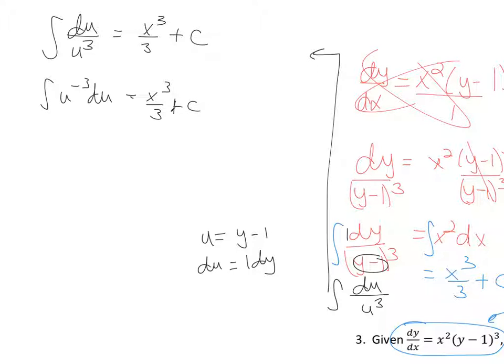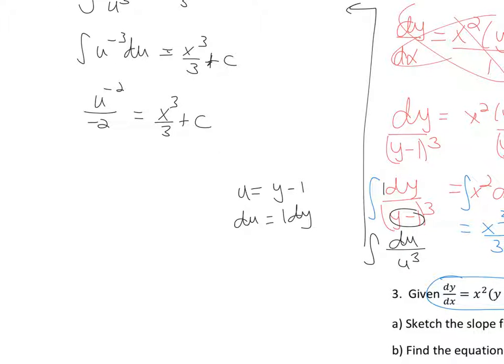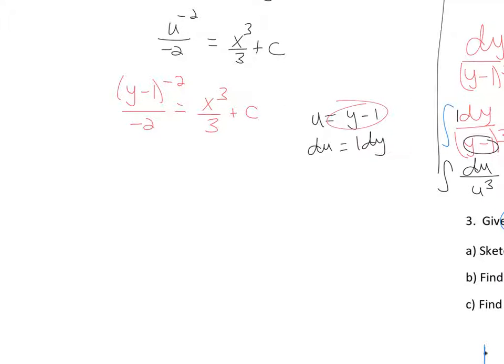And remember, when you integrate, you add 1 to the exponent, so this becomes u to the negative 2 divided by the new exponent, equals x to the third over 3 plus c. And I'm just going to rewrite this by plugging in the y again. So I have (y minus 1) to the negative 2 over negative 2 equals x to the third over 3 plus c. And now I'm going to find c, because we want to find the actual solution. I'm going to find c by plugging in the point f of 1 equals 0.